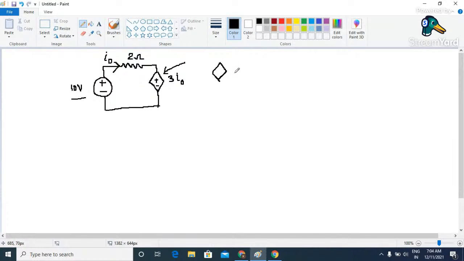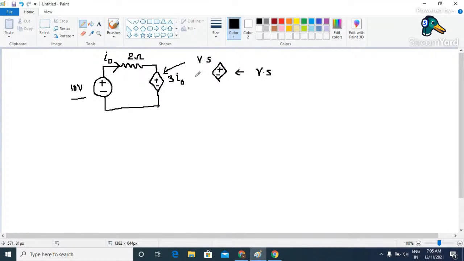Now we need to identify whether it is a voltage source or a current source. If in the diamond shaped structure we provide a fixed polarity like plus and minus, then it is going to be a voltage source. So definitely this symbol indicates a voltage source.